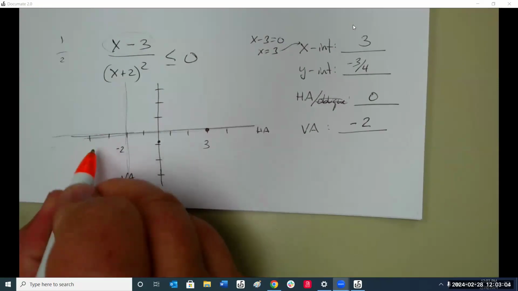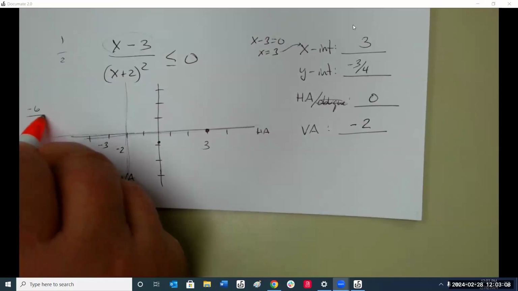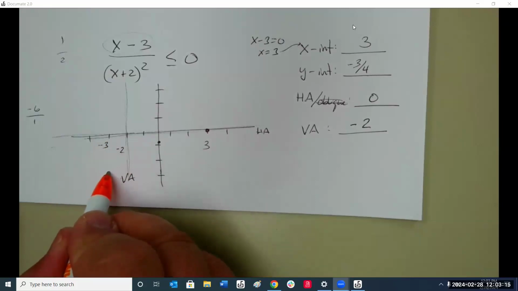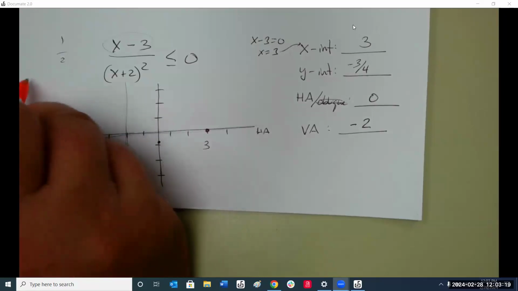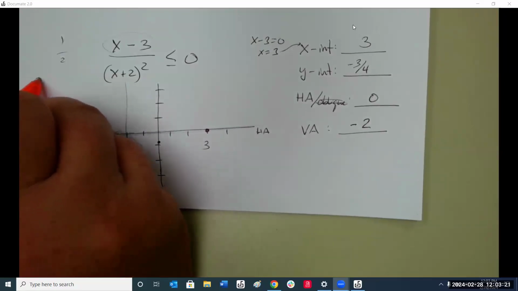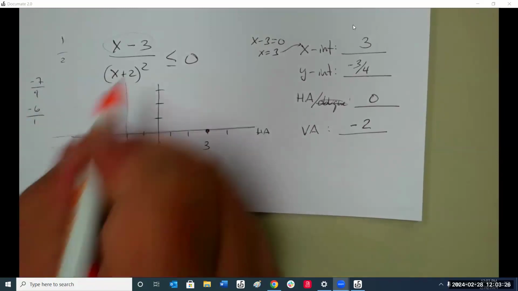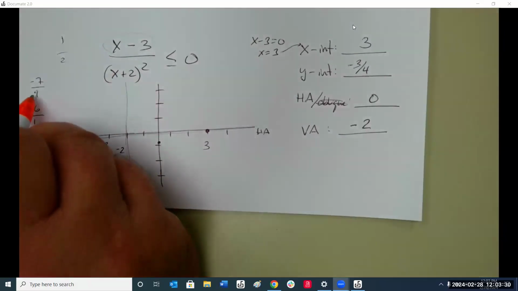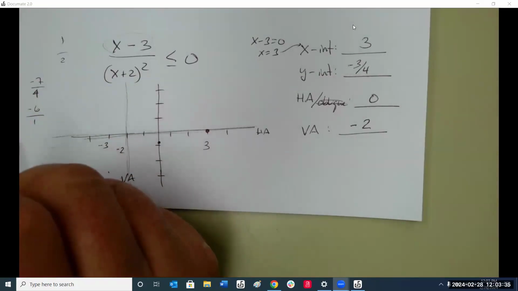So let's look at this. At -3, we got -6 over 1, all the way down to -6. At, let's say, -4. So we have -7 over, no, the -3, it makes it 1. Yeah, so squared. So -4 makes it 2, makes it over 4.